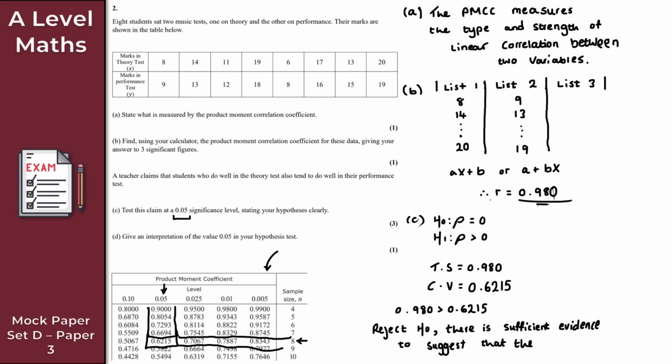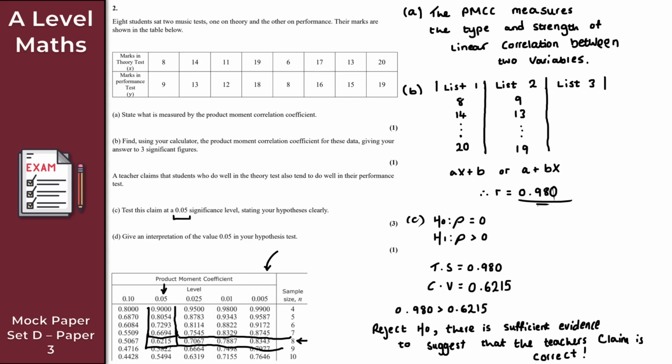Who is it? A teacher. So the teacher's claim is correct. Correctamundo. There we go. Okay. So just give a conclusion there to finish with for any hypothesis test, as we've demonstrated there.